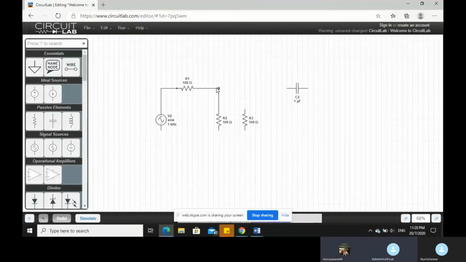The resistance for R1 is 200, the resistance for R2 is 300, and the resistance for R3 is 150. At the same time, we have a capacitor on this circuit, and the value for this capacitor is 1 millifarad.